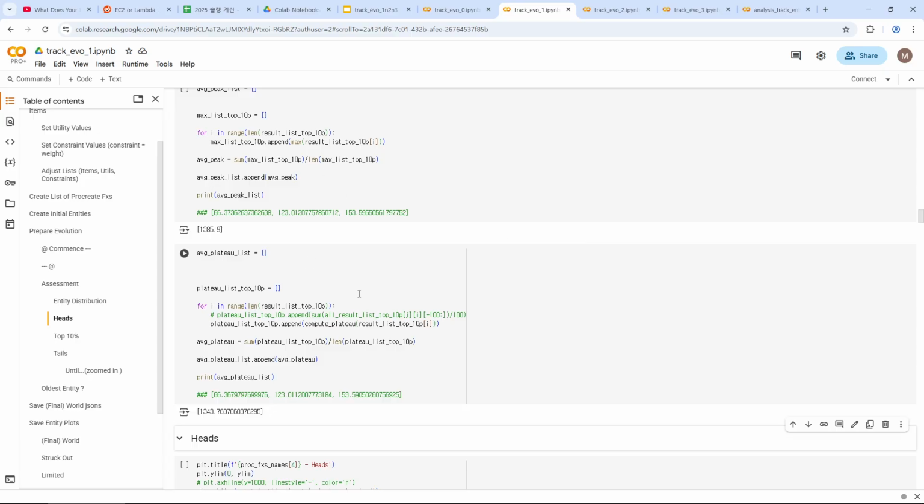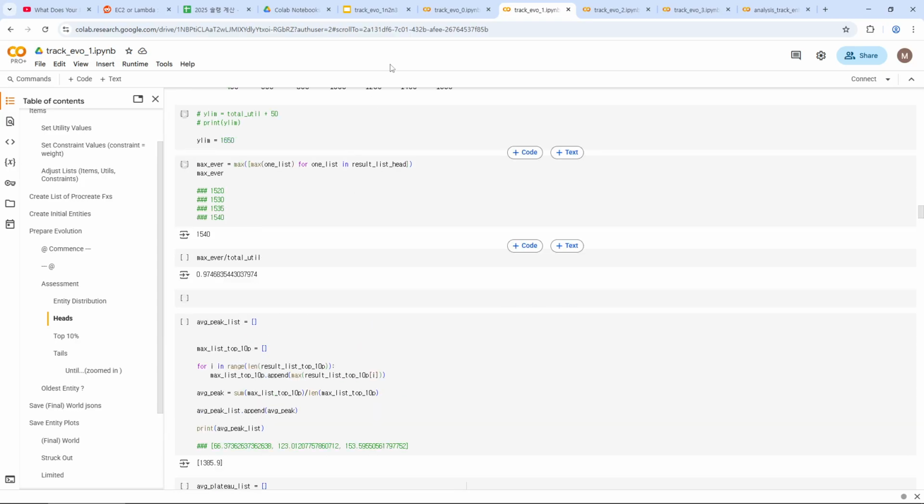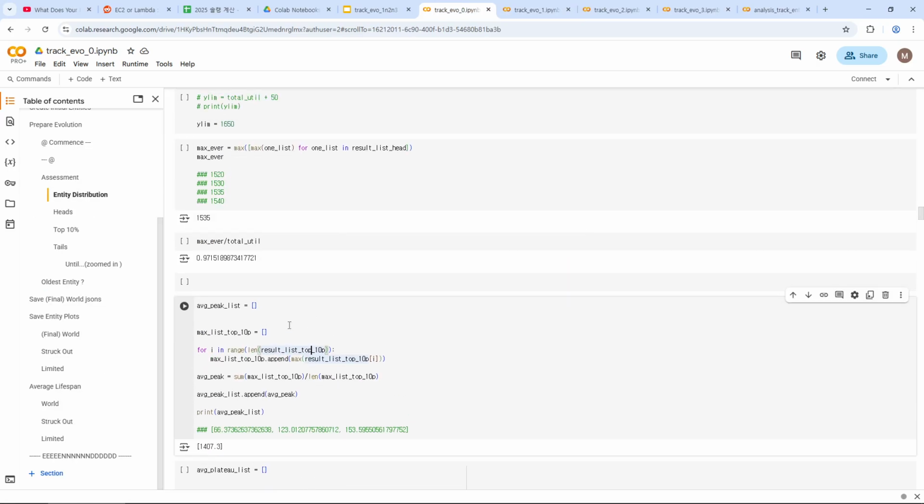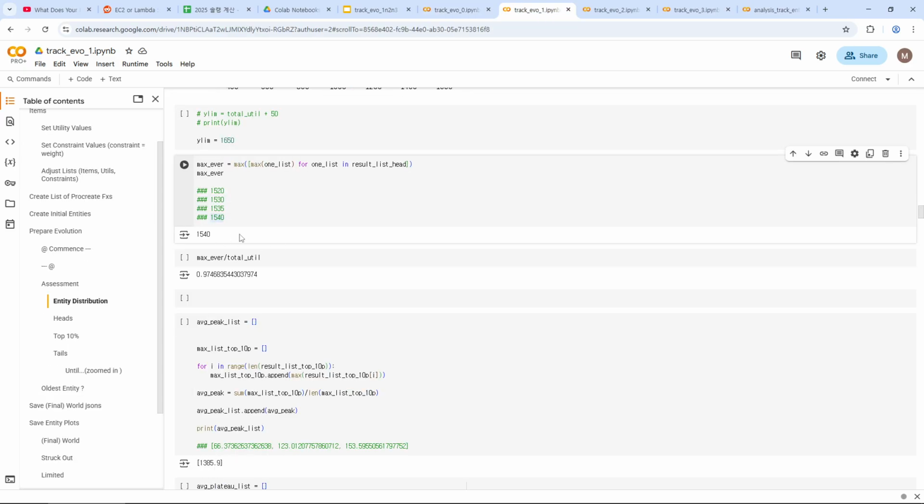So it's not by a whole lot, and we still do get the maximum ever at 1535 or 1540. By shuffling, I remember that I quite consistently kept getting 1540, which is, as far as I know, the best combination so far.